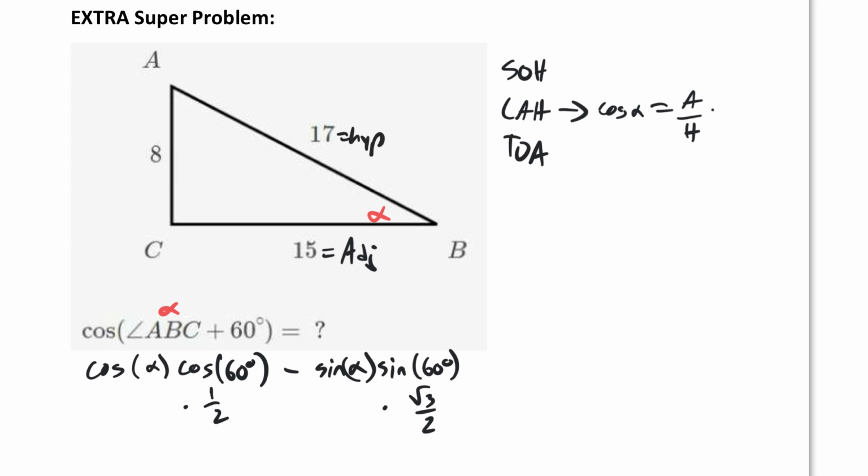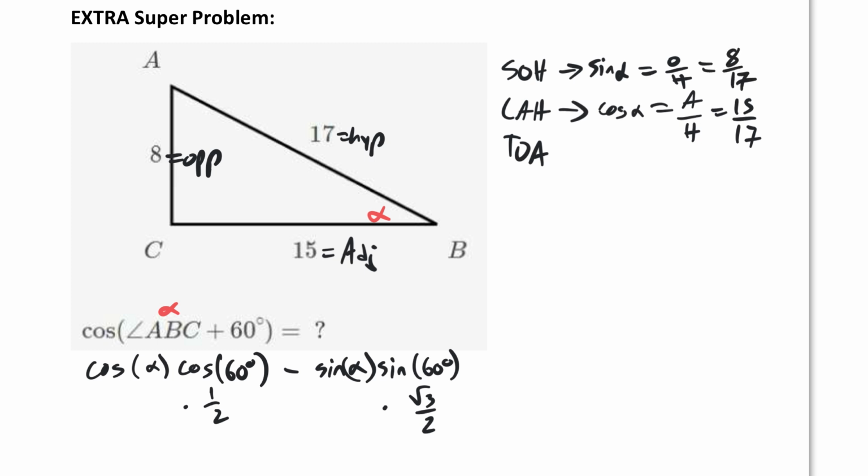So cos of alpha is 15 over 17. Similarly, sine of alpha is opposite over hypotenuse. This is your opposite, the 8. Hypotenuse is 17. So 8 over 17.